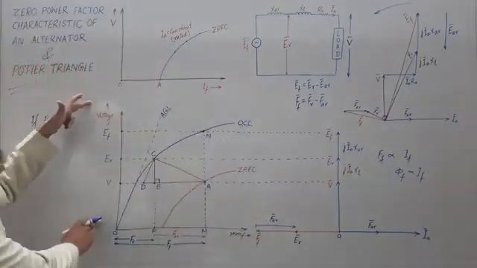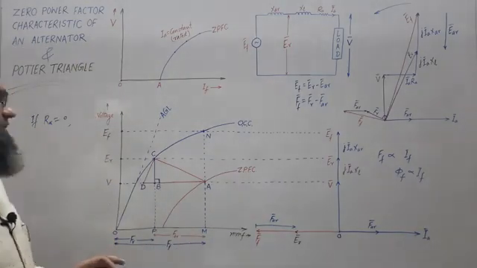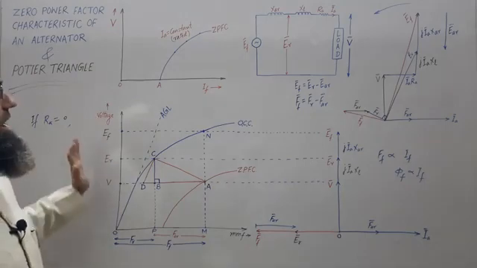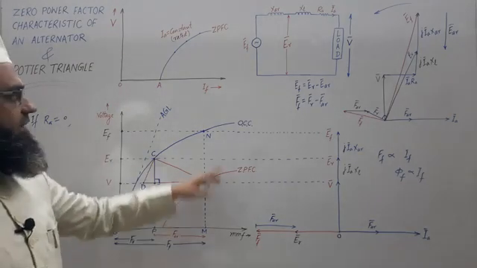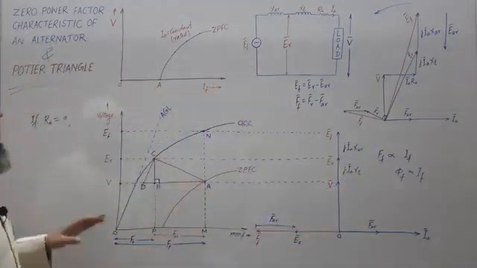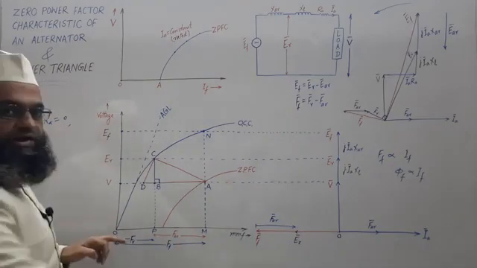Here we are taking EMF, here we are taking MMF, right? In the OCC also we take EMF on the vertical axis and field current on the horizontal axis, and instead of field current we can take field MMF. So basically we are taking EMF on the vertical axis and MMF on the horizontal axis.